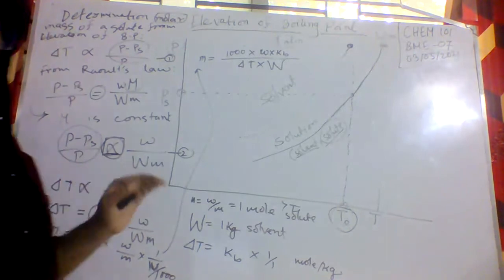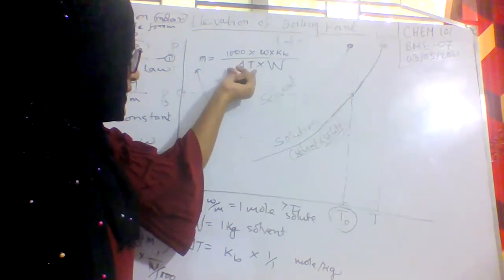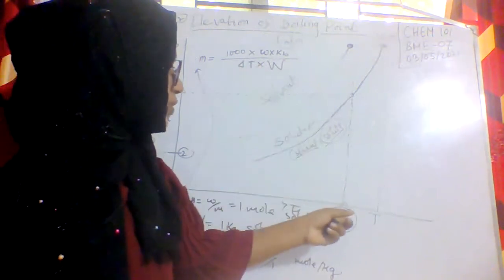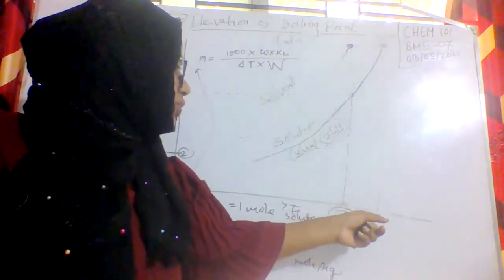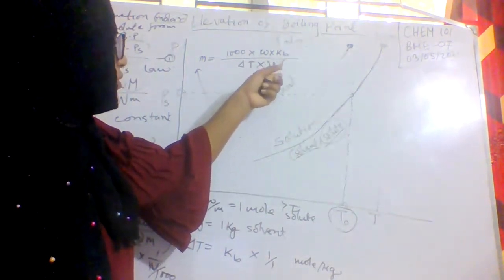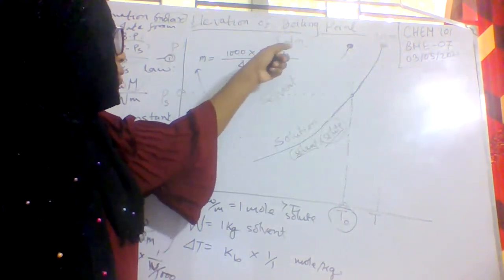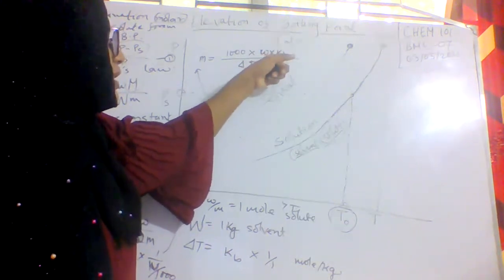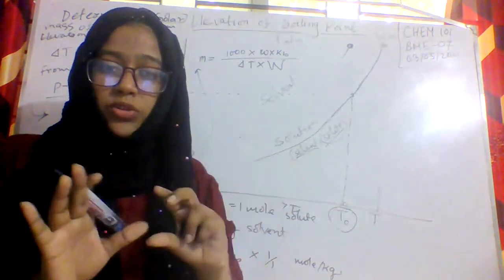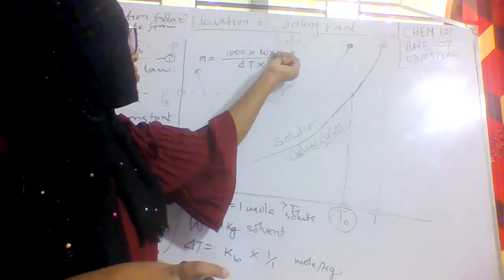So what is our finding here? Can you predict? If we can calculate this delta T, that means T minus T naught, if we know the pure solvent boiling point and the solution boiling point, we can calculate delta T. And we have the weight of solvent, we also know the weight of the solute, and we know the Kb for 1 mole, that means for a 1 molal solution.